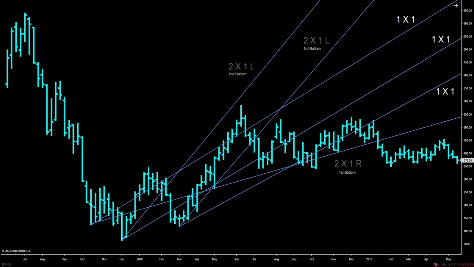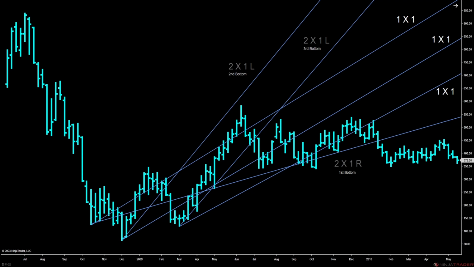A triple bottom here. Your first angle always gets the slow moving price angle, and that's the way Gann did it. That's why you'll notice 2 times 1 left, which is the bear side. It's the slower moving price angle.